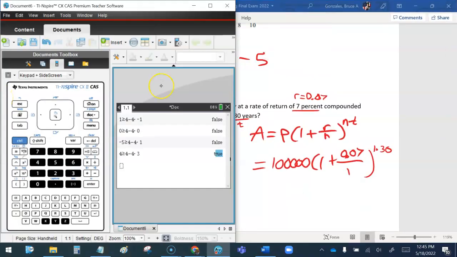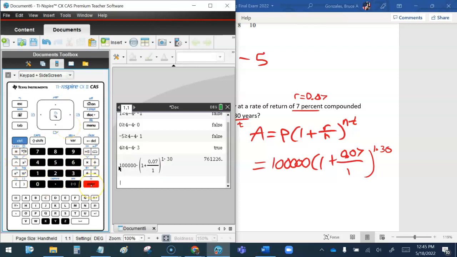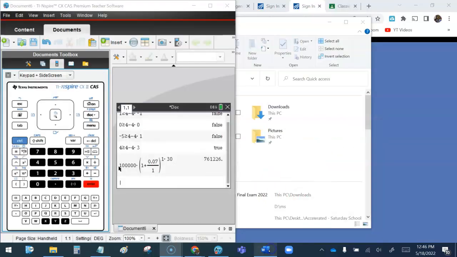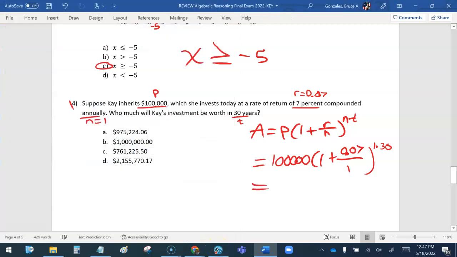So if we can type this in, we can get our answer. $761,226. All right, and the closest answer we get is C.